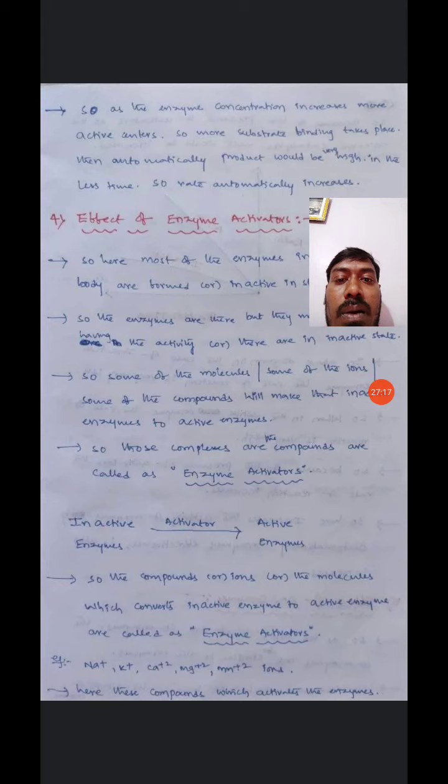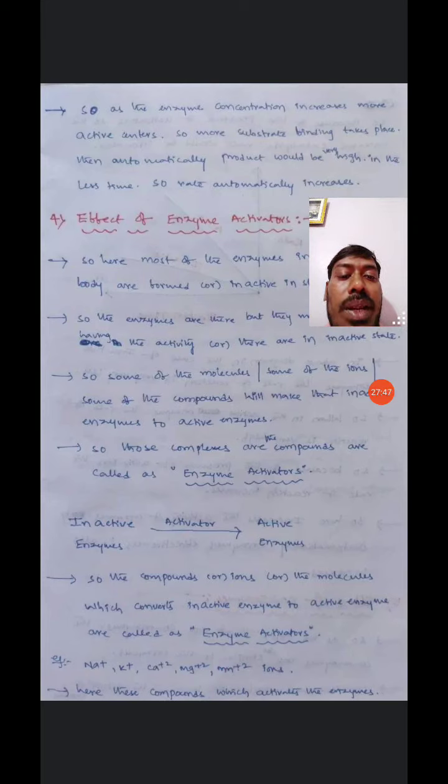So as the enzyme concentration increases, there are more active centers, so more substrate binding takes place. Then automatically the product would be very high in less time.